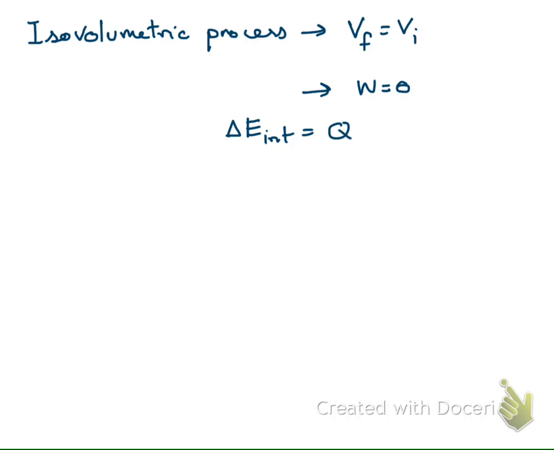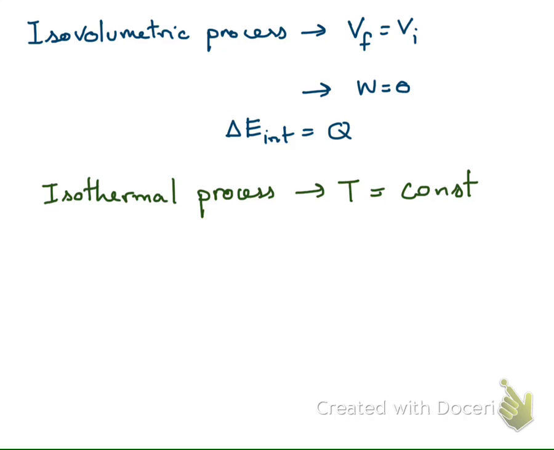And the last one is the isothermal process. The isothermal process is one of the most important processes because it is a process in which we keep the temperature of the system fixed, or T is a constant.